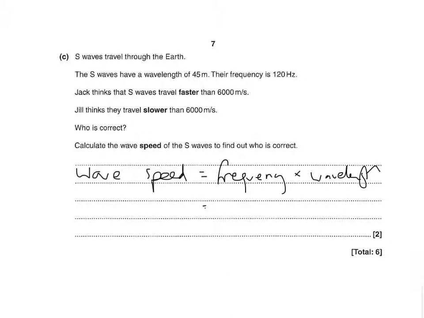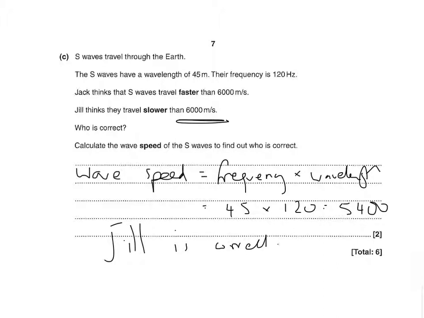So you have to just do wavelength, which is 45, times the frequency, which is 120, so that equals 5,400, and 5,400 is less than 6,000 metres per second, so you also had to say that Jules is correct. So 1 mark for calculating the wave speed, and 1 mark for saying that Jules is correct because it's lower than 6,000 metres per second, or slower.